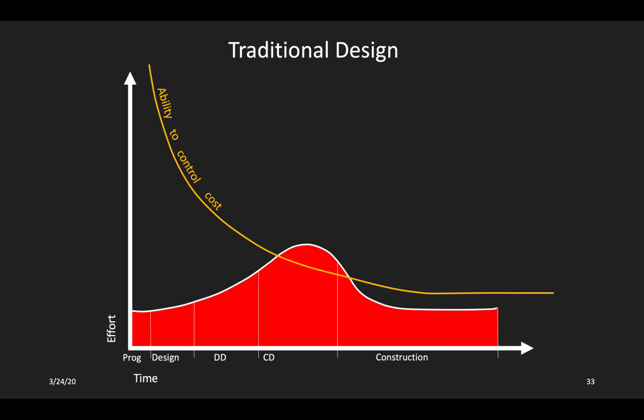Let's say you are in the design phase. You'll find out that, okay, if you put this beam here, it's going to run into the pipe system, or the concrete really cannot be this type. We need to use a different type of concrete for our foundation, right? So if you figure that out at the design phase, it's relatively easy to change the design in your drawings or in your building information modeling model.